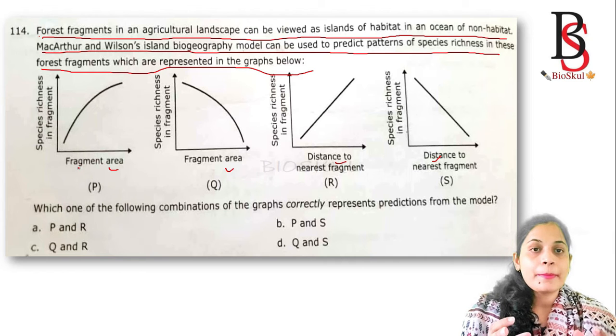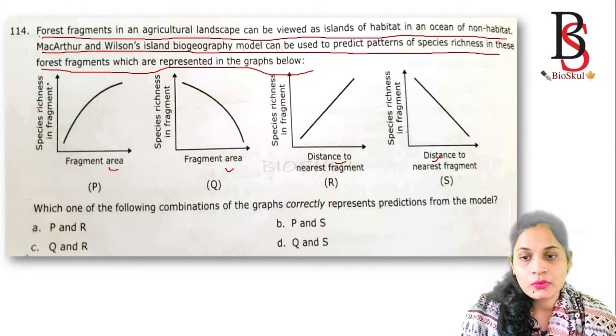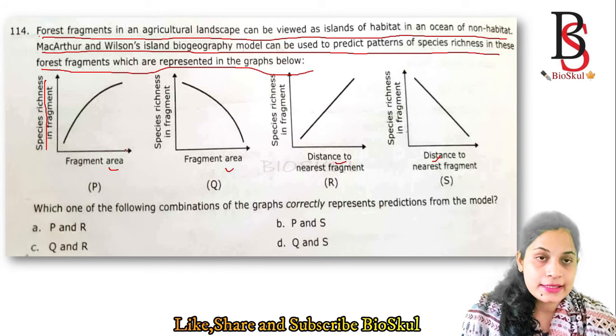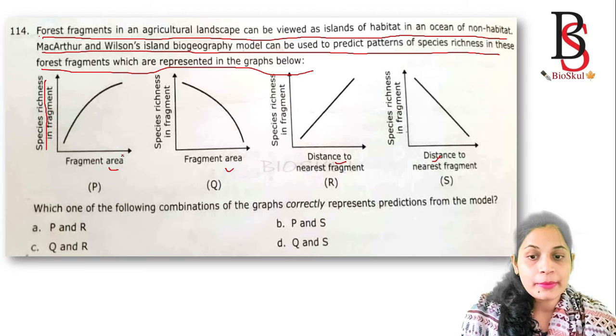In graph P, the x-axis is the fragment area, which is part of the main area, and the y-axis represents the species richness, that is, the number of species present in that fragment. If the size of the fragment area increases, the species richness also increases.